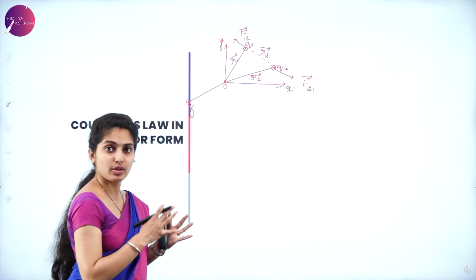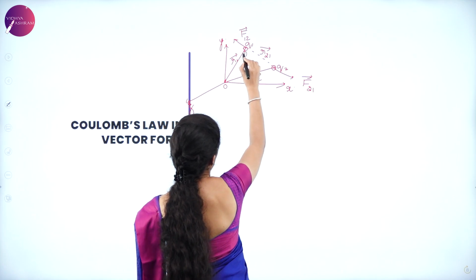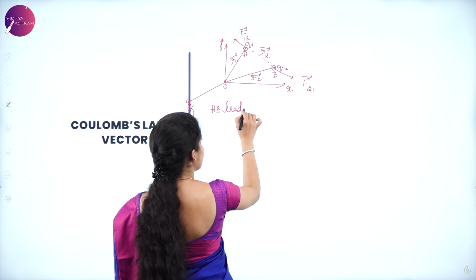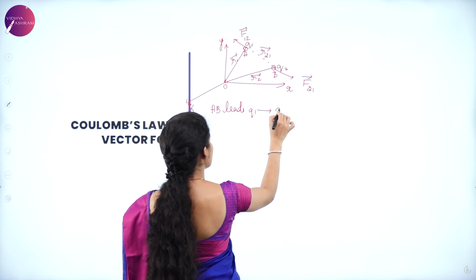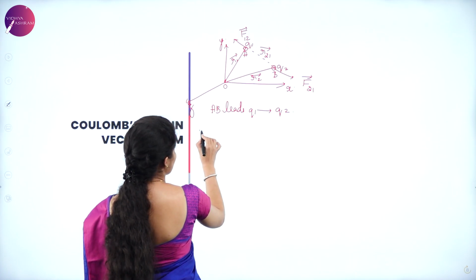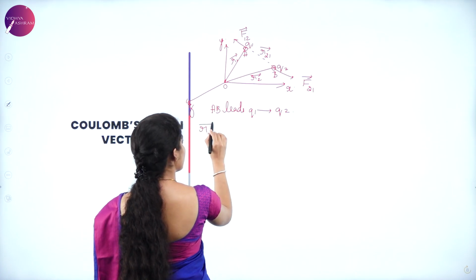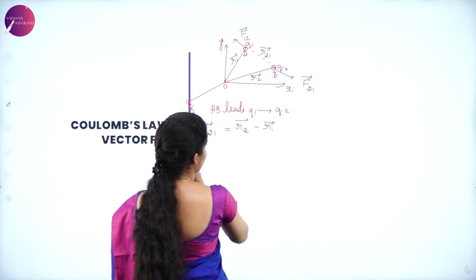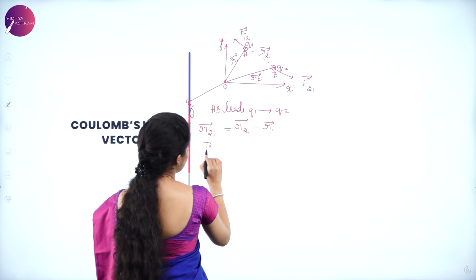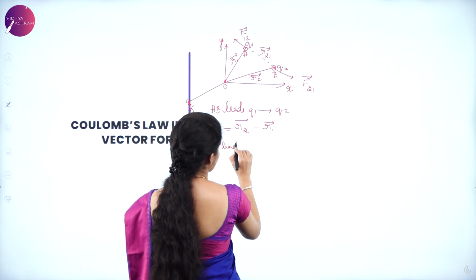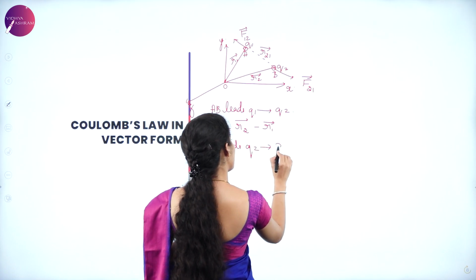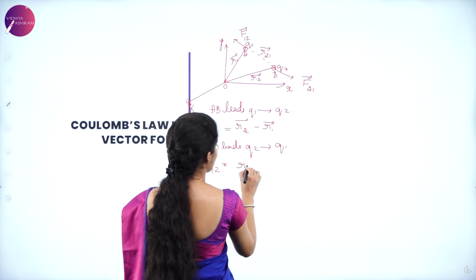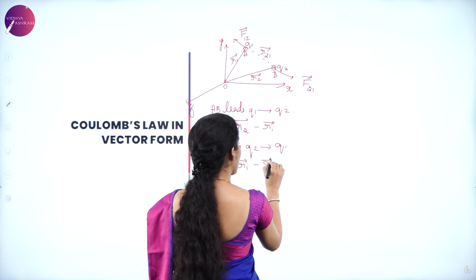Let us mention the point charge positions as A and B. So AB leads Q1 to Q2, and you can write R21 vector is equal to R2 vector minus R1 vector. Similarly, BA leads Q2 to Q1, so R12 vector is equal to R1 vector minus R2 vector.